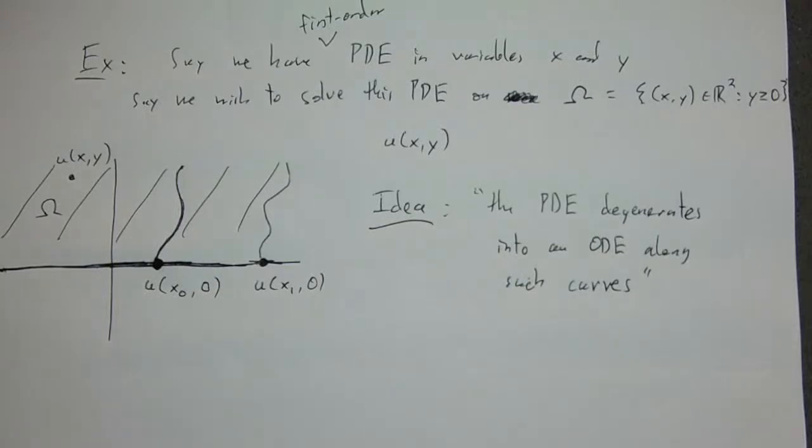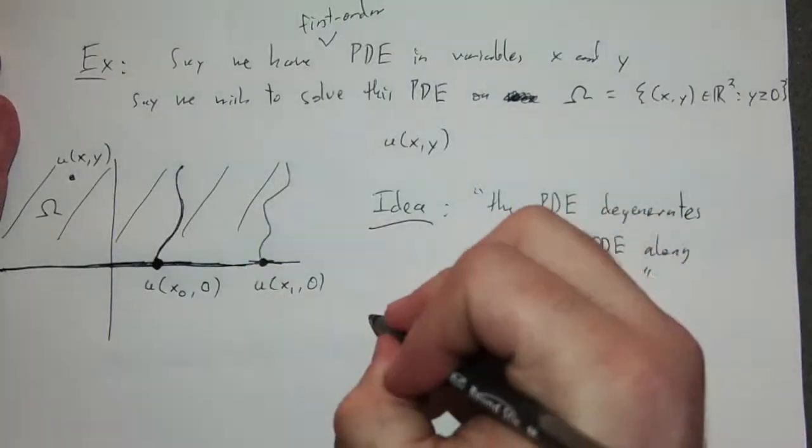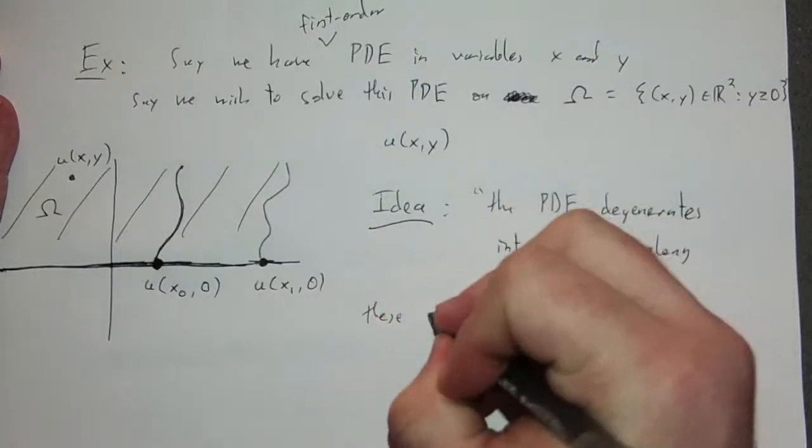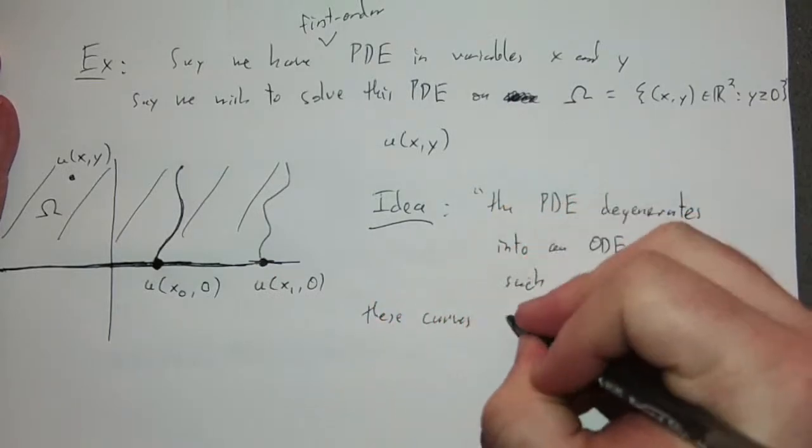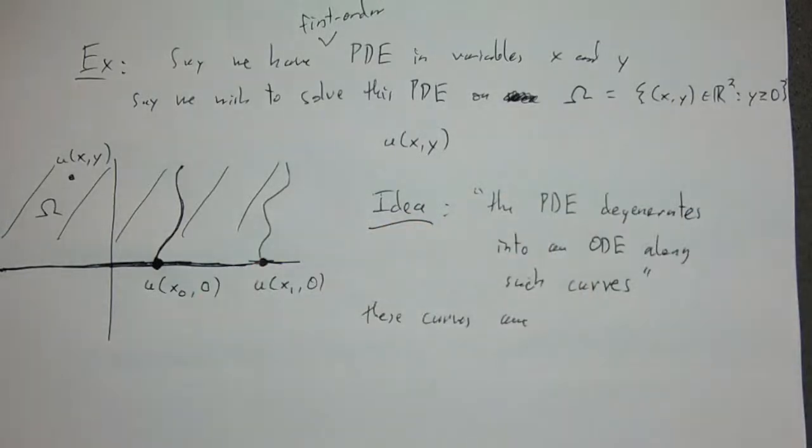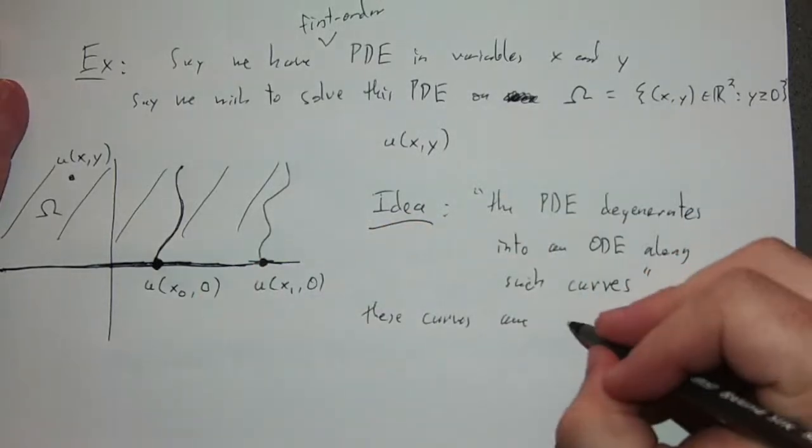So what brings this together? First of all, where does the name method of characteristics come from? These curves are said to be characteristic of the PDE.